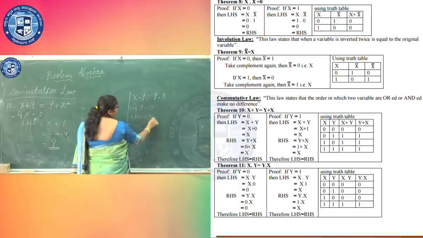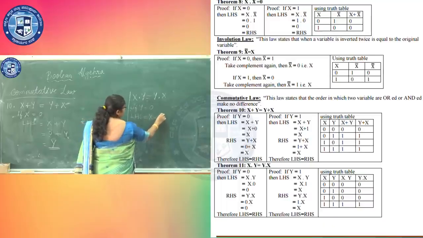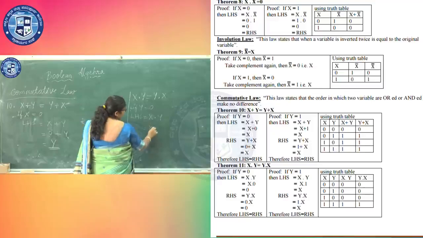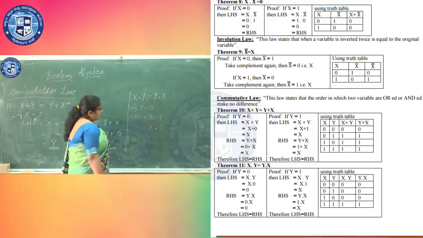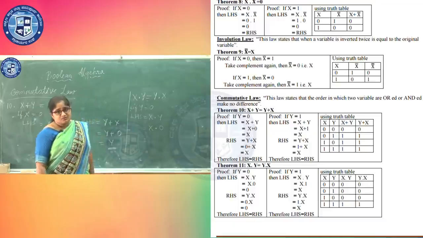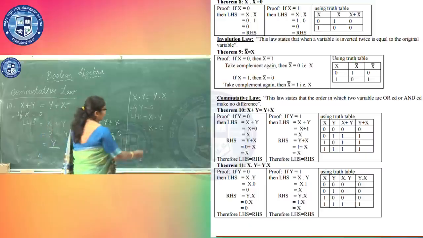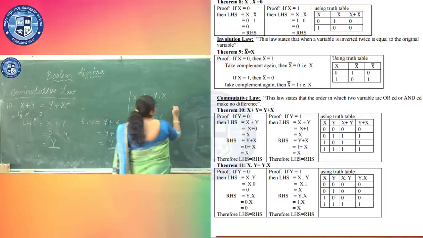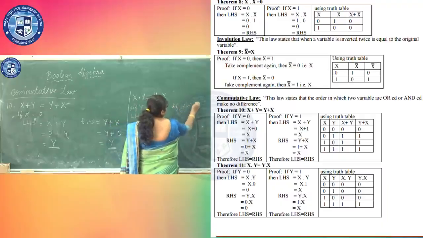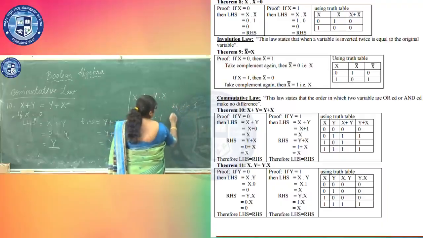LHS: x and y, x and 0. X has a value, the other value is 0, then it will obviously be 0.